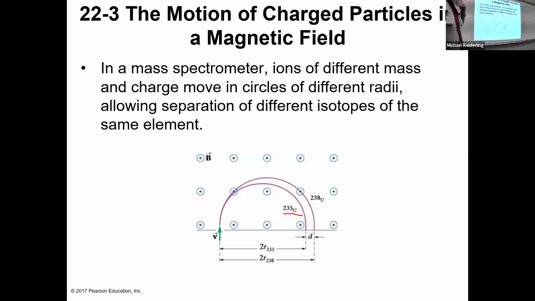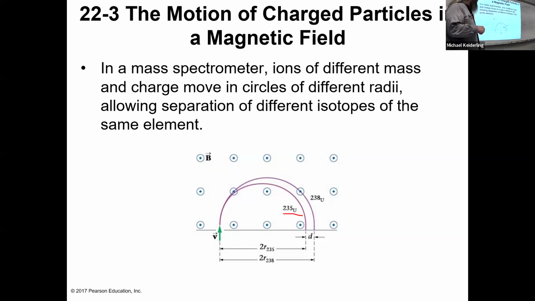One of the ways you can measure the mass of particles is in a mass spectrometer. You can have ions that have a charge in a magnetic field, and you can use the radius they form.